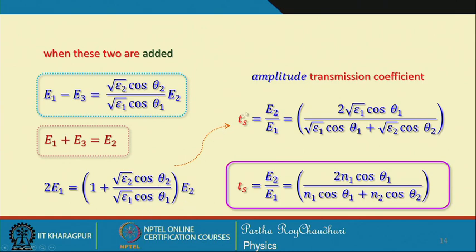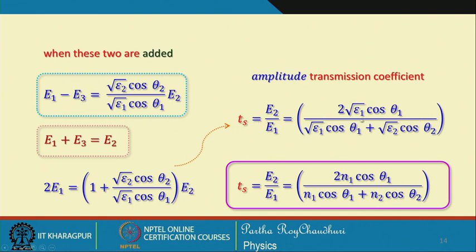Therefore, from here we can write E2 by E1 is equal to twice under root epsilon naught cosine theta by under root epsilon 1 cosine theta 1 plus epsilon 2 cosine theta 2. So, in this form we can arrive at the ratio of the electric field amplitudes of the incident to the refracted wave. So, Ts, that is the amplitude transmission coefficient, can be written in this form.